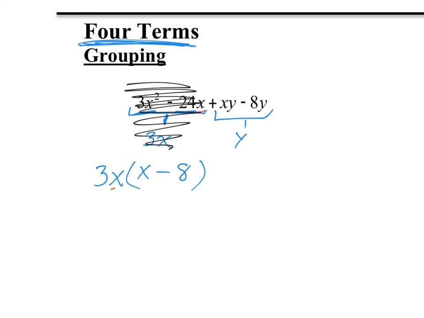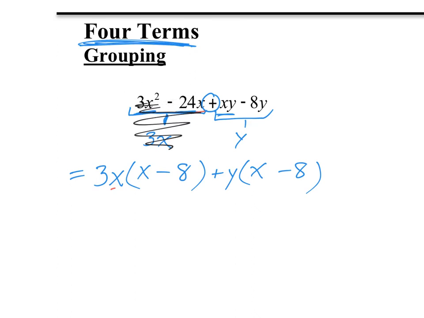All right, so there's a plus sign here, so we're going to put plus y. And then after it, we're going to put the leftovers. If you took away a y, you're left with x minus 8.